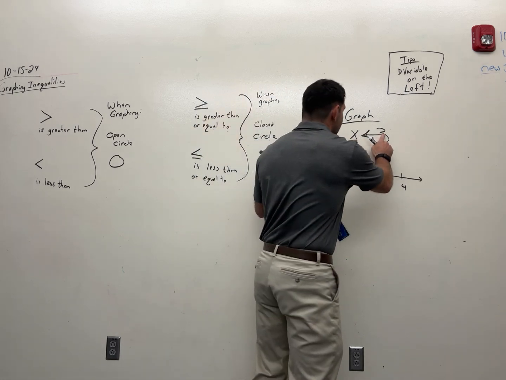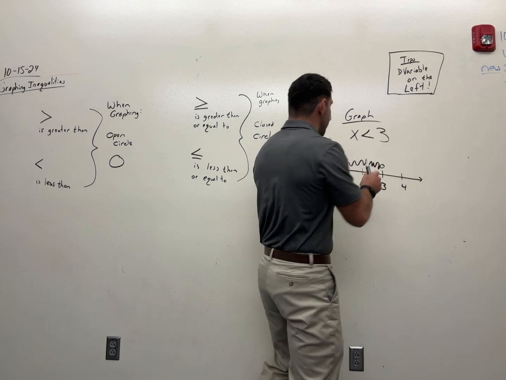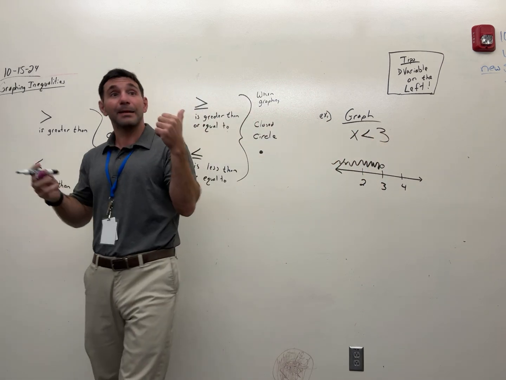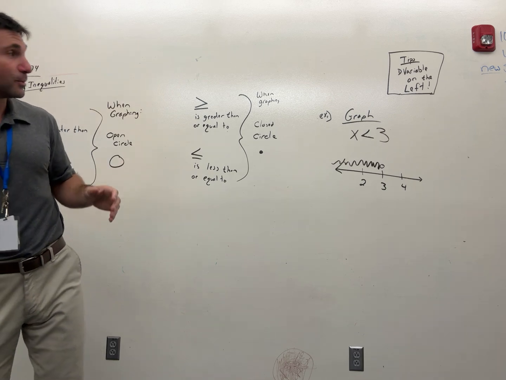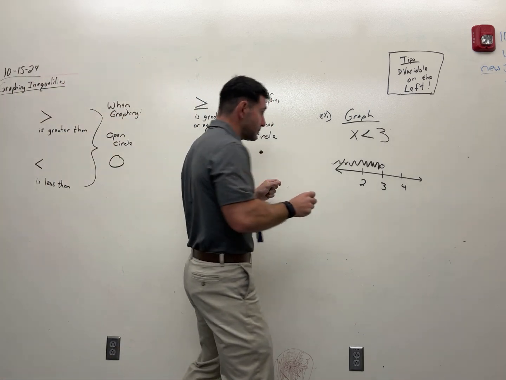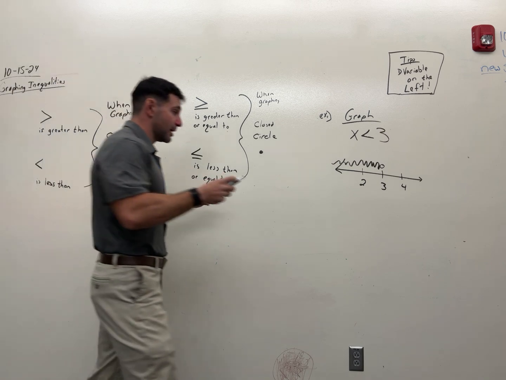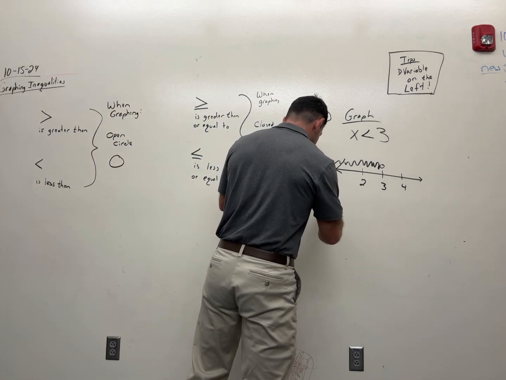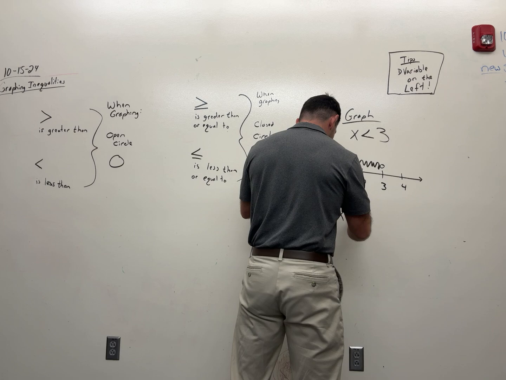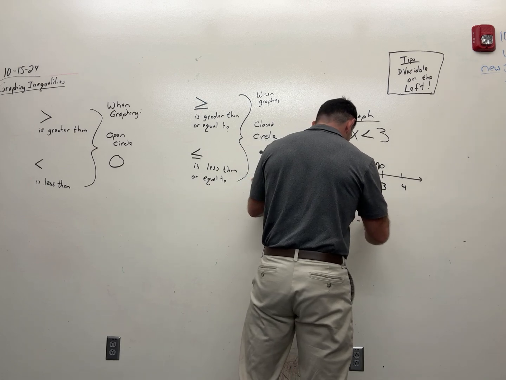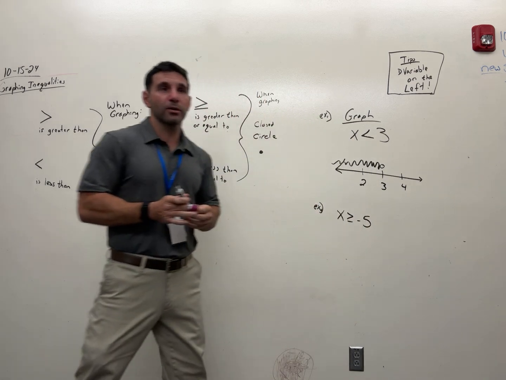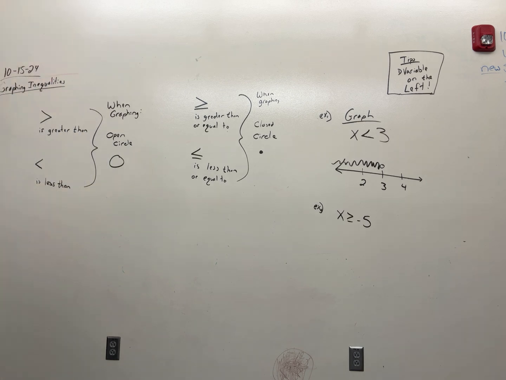So the reason why I like having the variable on the left is I can make sure that it's an arrow and I can see where it's going. Wait, what is it? A closed circle is the one that's part of the answer. Yes. So let's do that. So if it's closed, it can be an answer. Very good. So x is greater than or equal to -5. We're going to graph it.